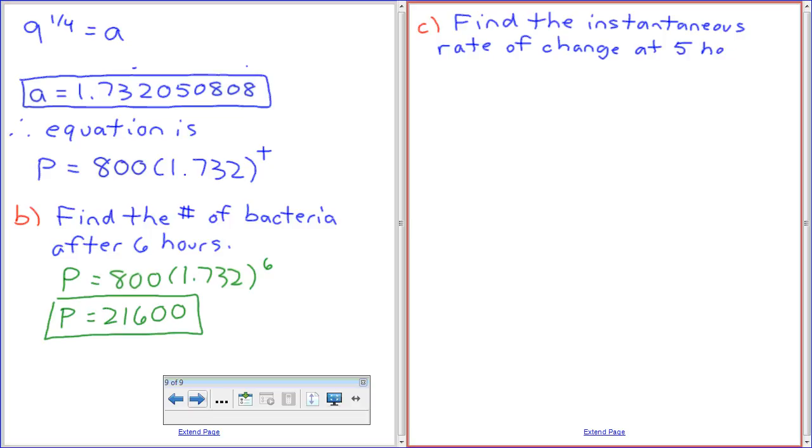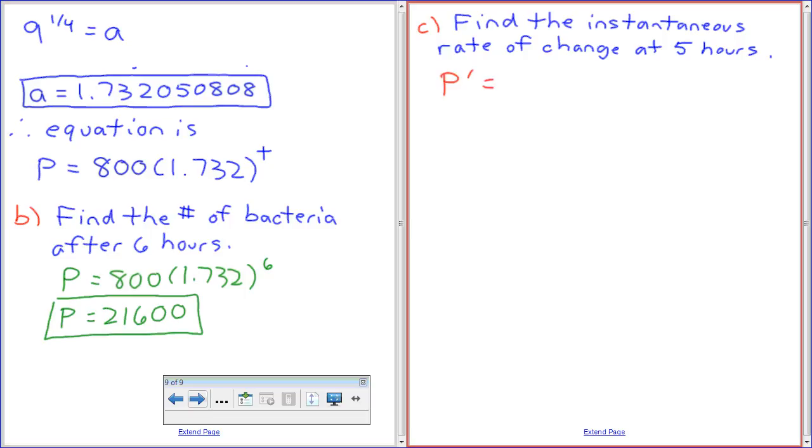Okay, so here we go. As soon as you hear the word instantaneous rate of change, what are you thinking? Derivative, thank you. Okay. So you're thinking, hopefully, P prime.